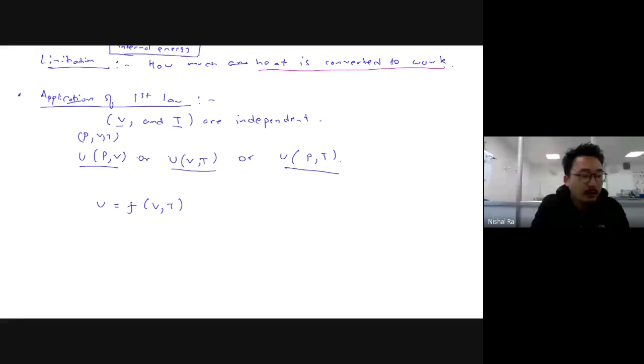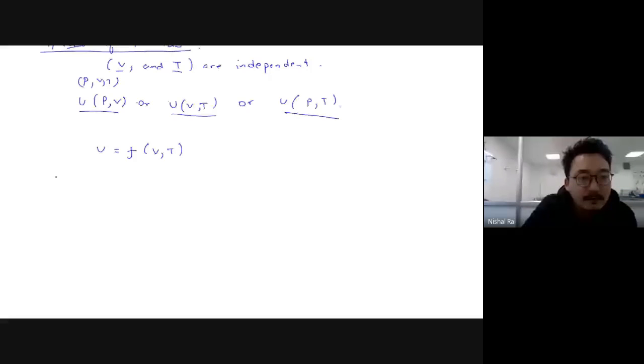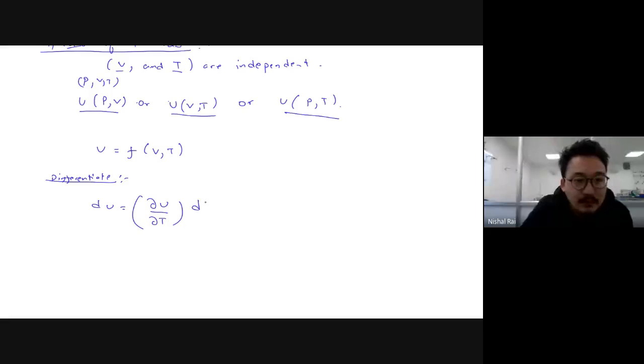Now you differentiate this. After differentiation, what will you get? dU will be what? dU is a function of both V and T. So it will be del U by del T at constant volume times dT, plus del U by del V at constant temperature times dV.